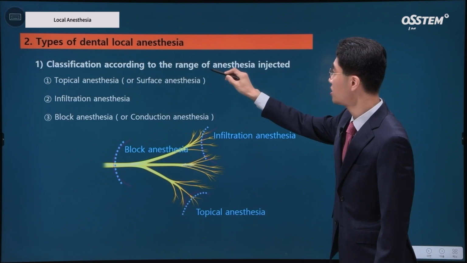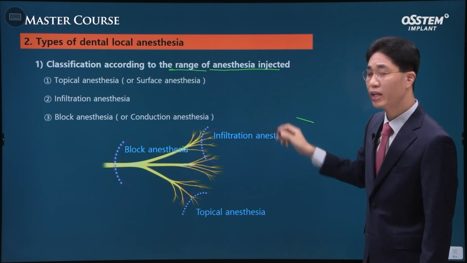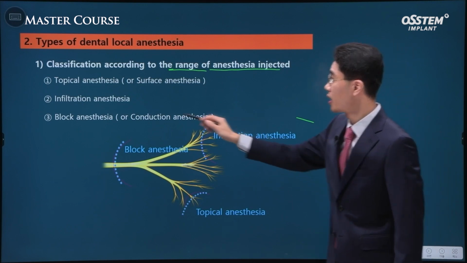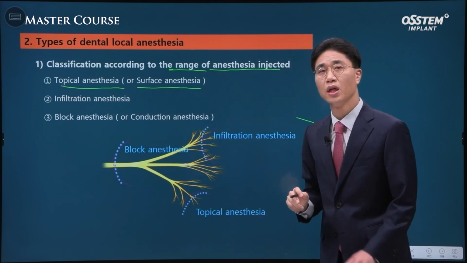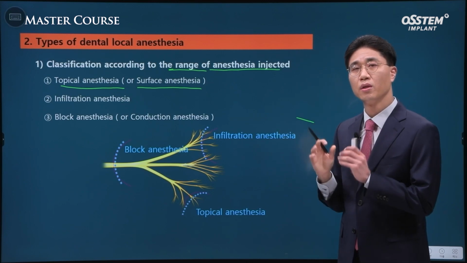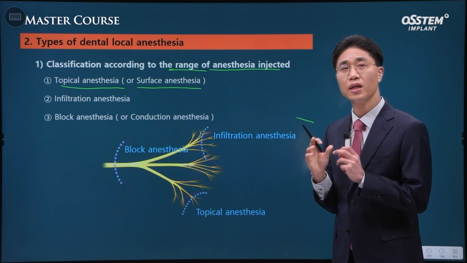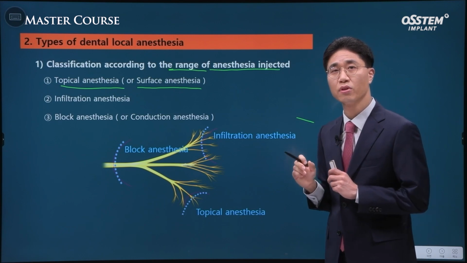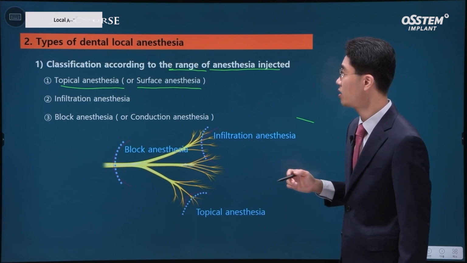Classification according to the range of anesthesia injected can be largely divided into three. Topical anesthesia or surface anesthesia. This is a subsidiary measure. Therefore, before doing infiltration anesthesia or block anesthesia, anesthesia on the mucosa is performed.